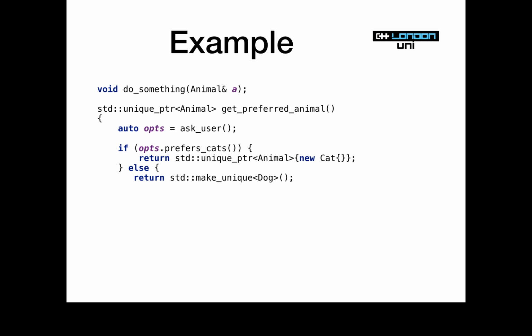So we have this magic function in the standard library called make_unique, and what that does is it makes a unique pointer for us. In this case, the dog constructor and the cat constructor take no arguments, but if the constructors did take any arguments, you put them in the braces there. So this calls the default constructor of dog, allocates a new object on the heap and wraps it in a unique pointer, all on one nice smaller line. So make_unique is great. make_unique was actually added in C++14, but that's what we're using in this course.